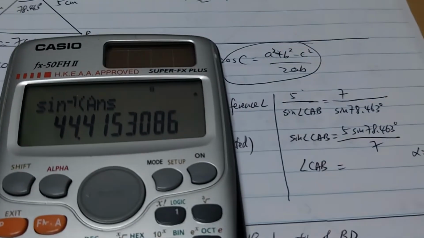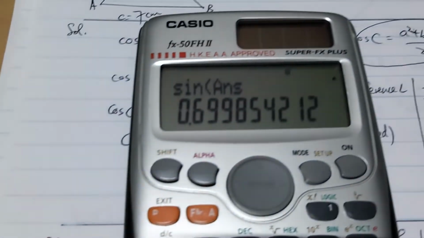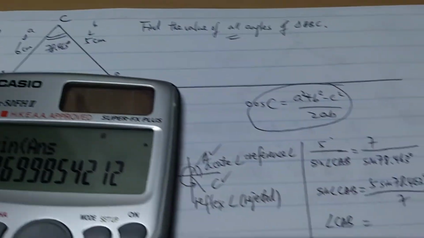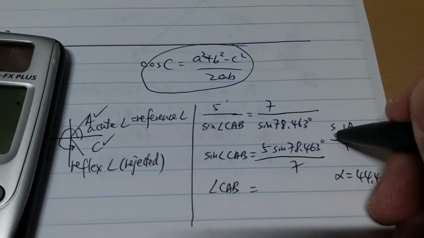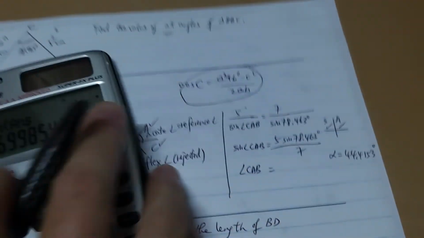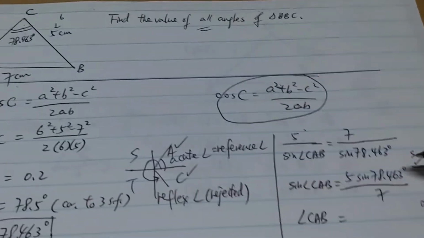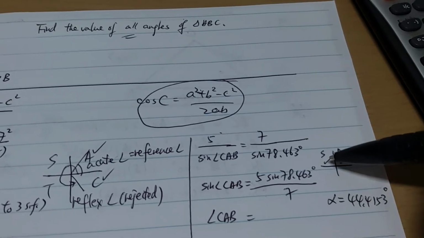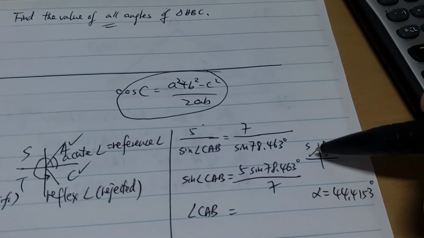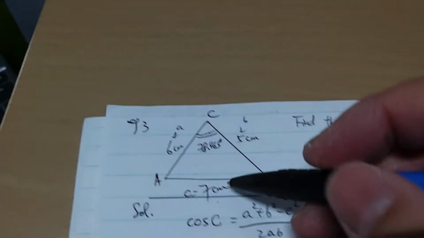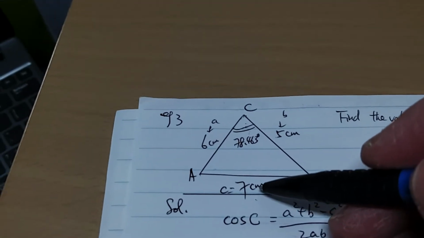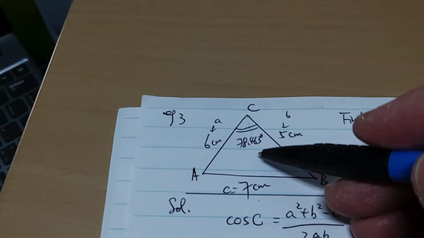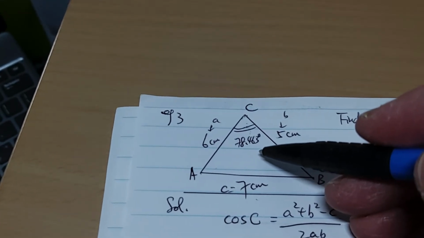So for sine positive, which two quadrants? It is A and S. So do we need to find the angle in quadrant 2? This is obviously an obtuse angle. Remember, for the longer side 7, the angle is 78 point something degrees.